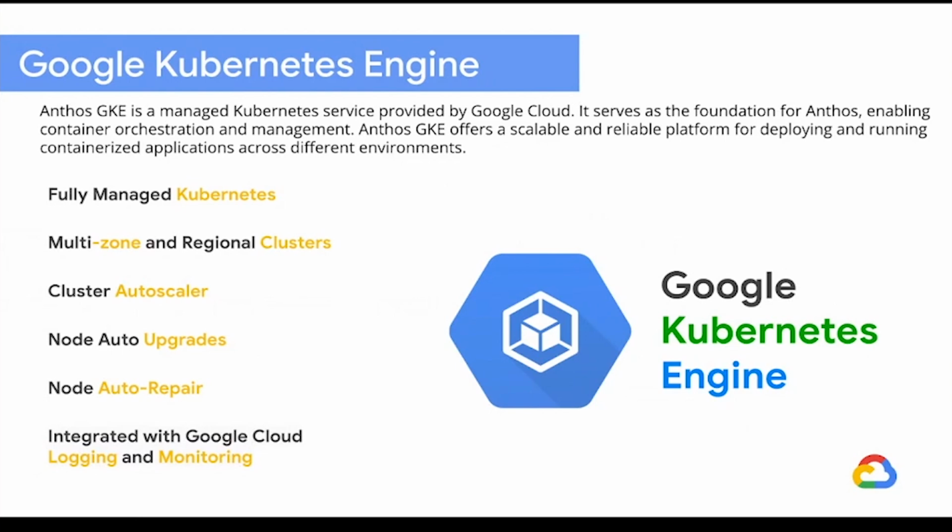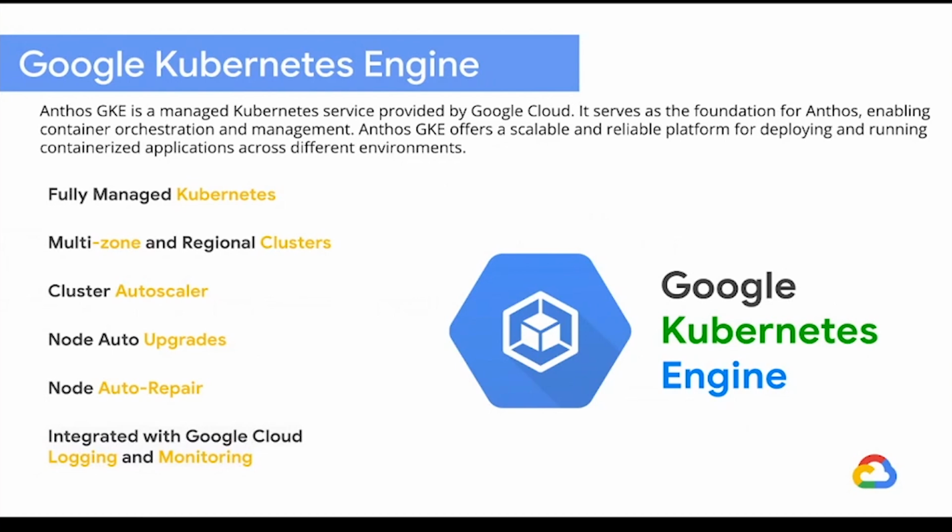Also, it is tightly coupled with Google's integrated monitoring solution so that you can see what is happening behind the scenes in Google Kubernetes Engine, and easily troubleshoot. So this is all about Google Kubernetes Engine.